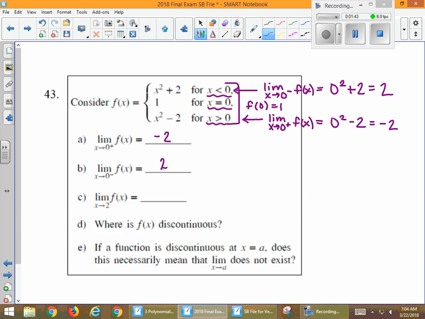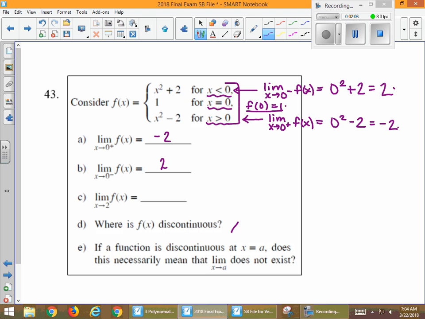And so you can see that this function is not continuous at x equals 0, because our limit from the left, our limit from the right, and our actual value f of 0, these three do not match. So our function is not continuous. So that actually answers part E. Where is f of x discontinuous?